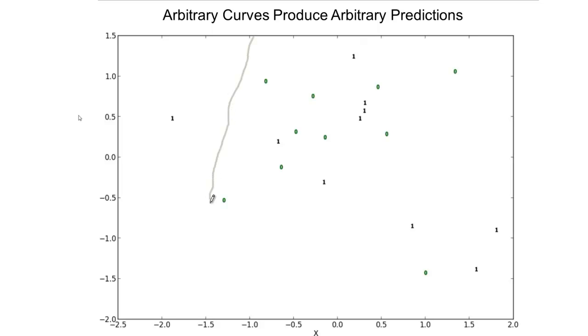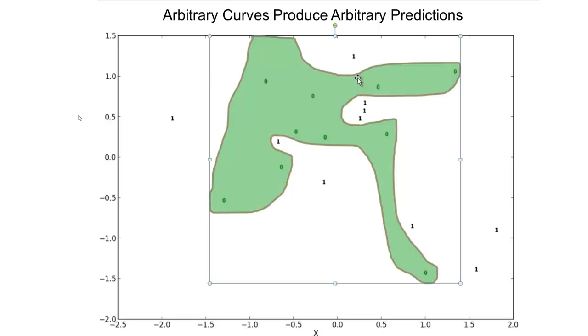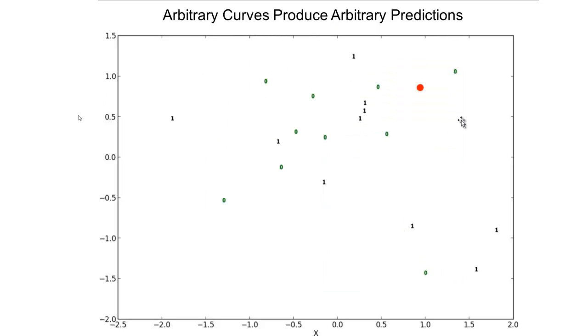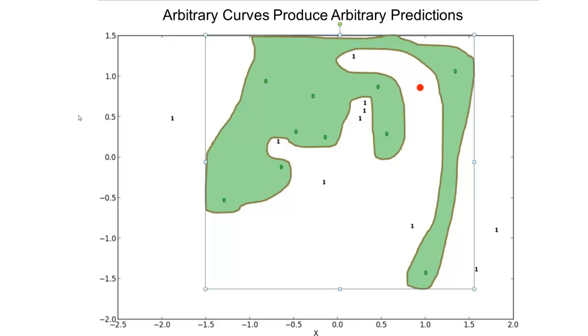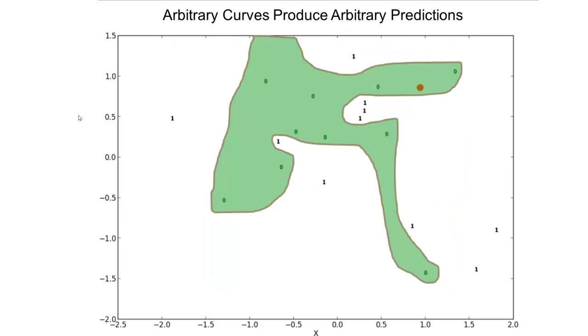Separate zeros from ones. Again, these are points labeled with the 0, and we separate them with a curve from class 1. Now suppose we have an unlabeled observation. Using our first curve, it's clearly class 1. Using our second curve, it's obviously class 0. This is arbitrary. This isn't going to give us good predictions.